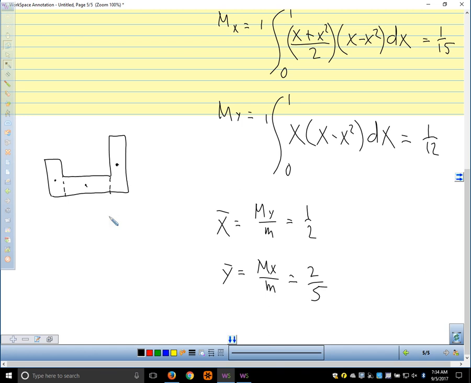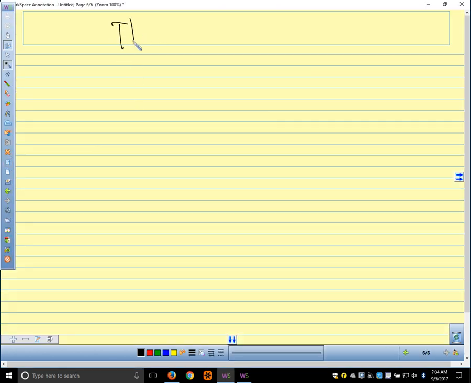All right, last thing for today, related to the center of mass. This is more for your information, but it's a nice thing to keep in the back of your head. The Theorem of Pappus.